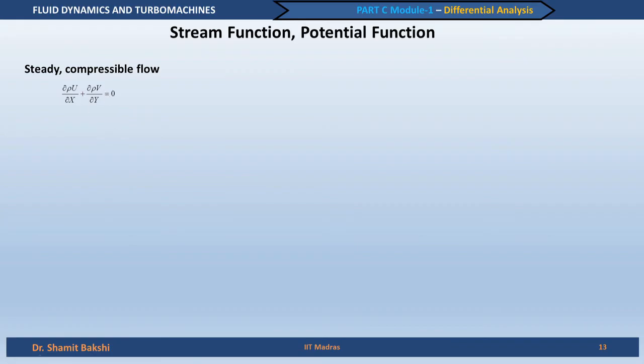So, now let us see, in defining the stream function, we actually try to define a function in such a way that that single function will automatically satisfy this equation.